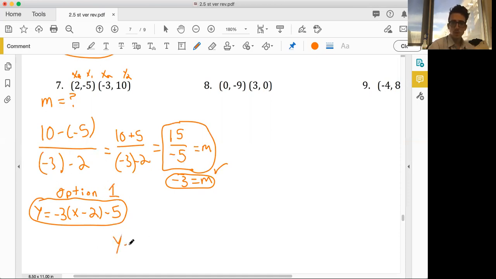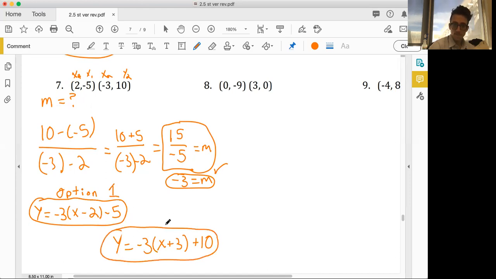Option 2, when you simplify everything as much as you can, should be -3 times x plus 3, plus 10. So you have two options of what you can end up with. Both of these are correct, believe it or not. It's up to you which one you like better.